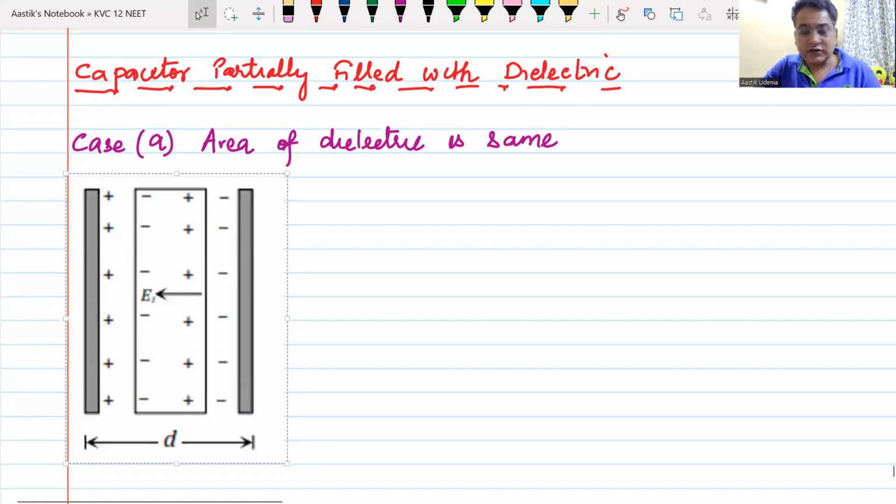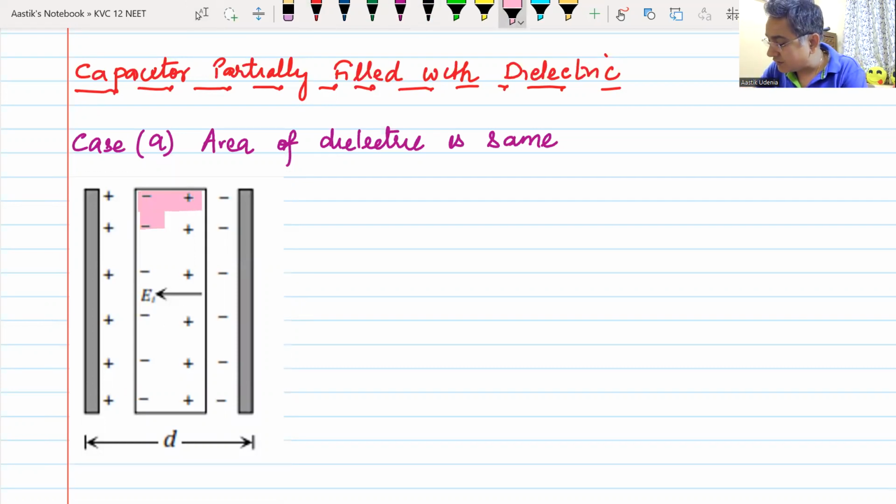So this is how the dielectric is filled. We have a dielectric, let us say this pink dielectric. I hope you can see this dielectric. I'm coloring it with pink. This pink is your dielectric and this dielectric is placed inside the capacitor like this.